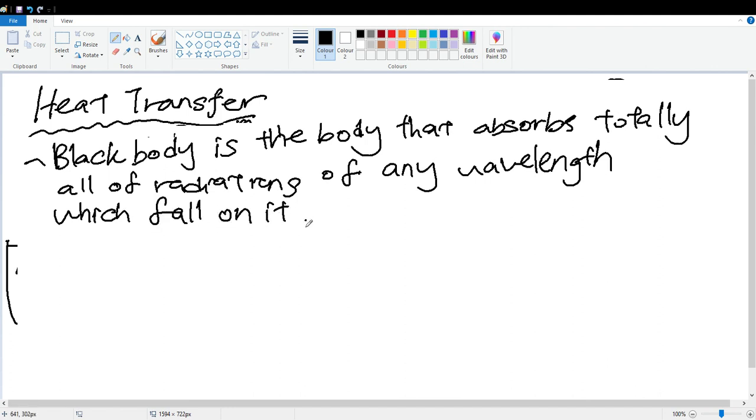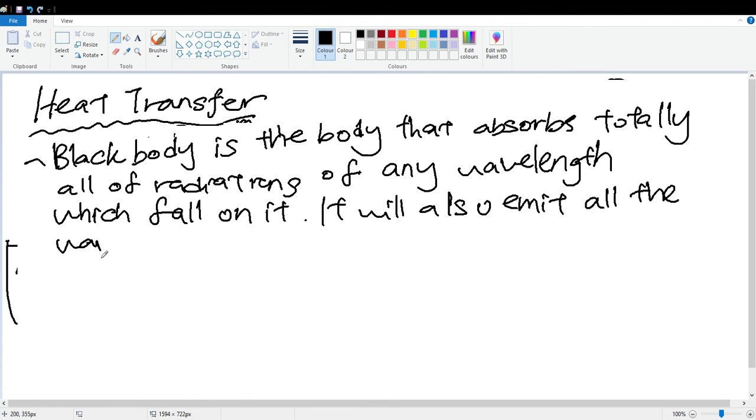So if it absorbs totally all radiation of any wavelength which falls on it, it will also emit all the possible wavelengths out of it.